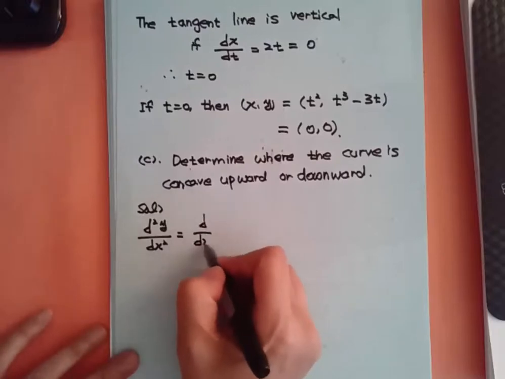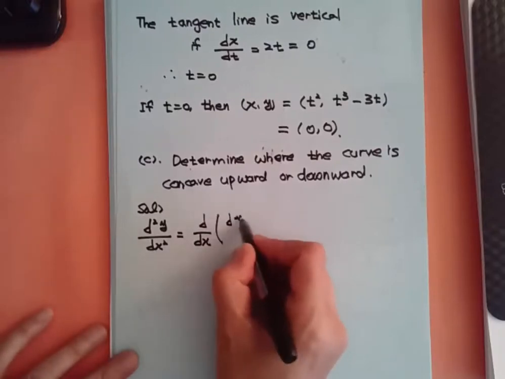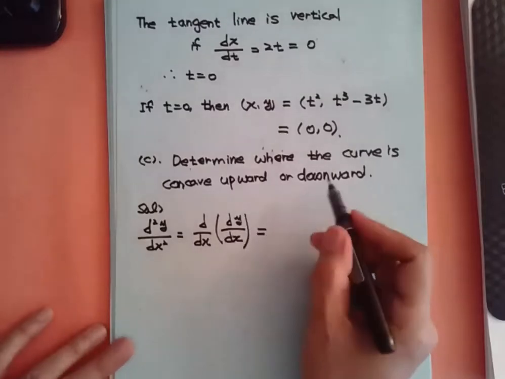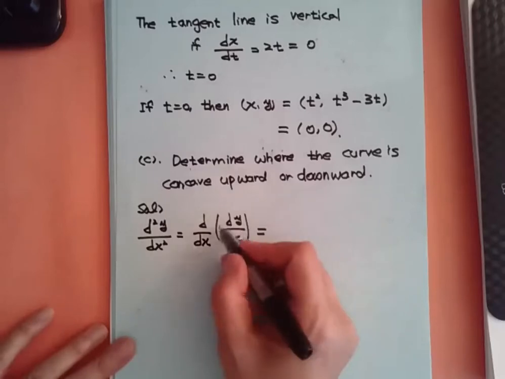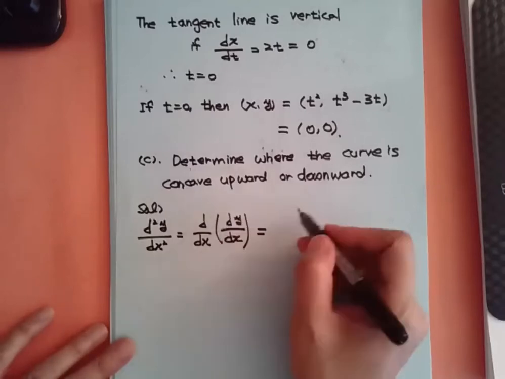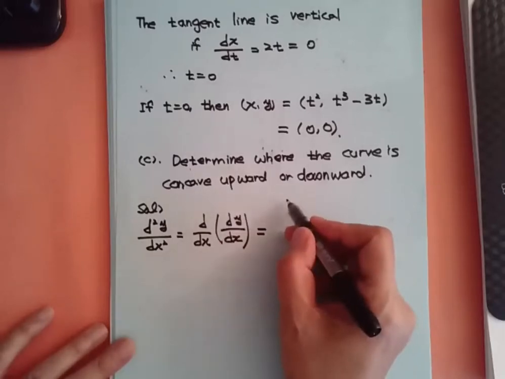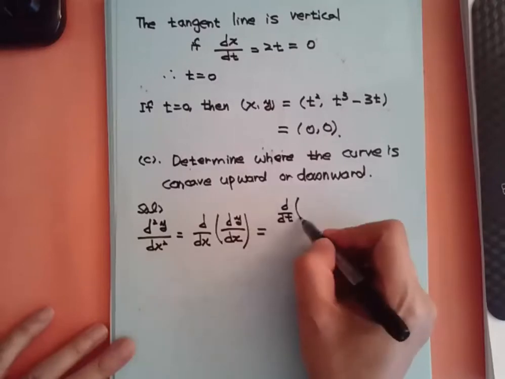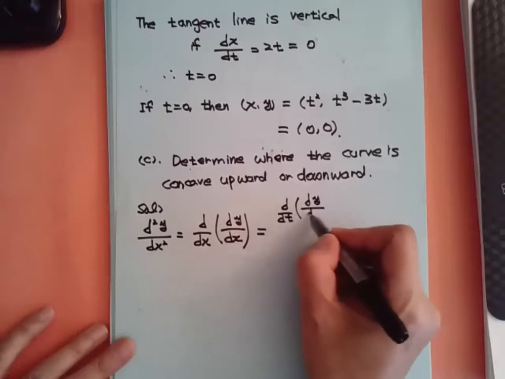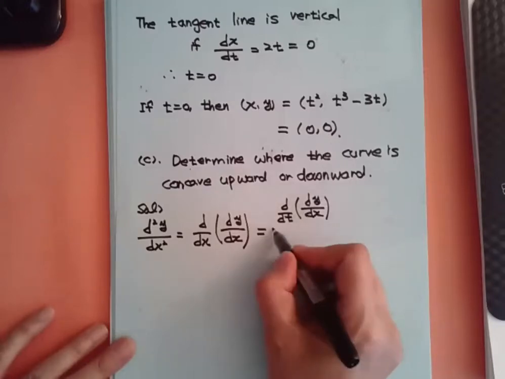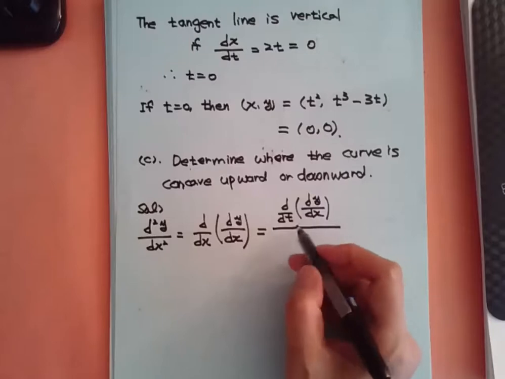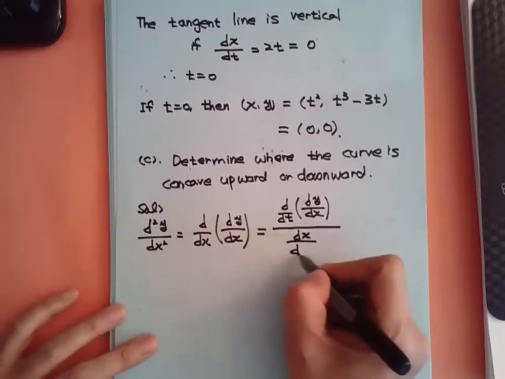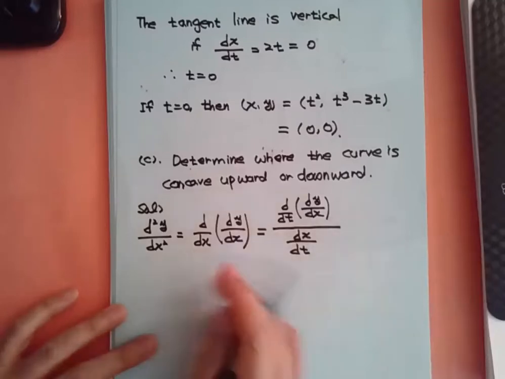So d dx of dy over dx, that is the definition of the second derivative. I said we can put this one as a numerator, and then we realize that that is indeed the equation of t variable. So we differentiate with respect to t, and then the denominator is dx over dt.